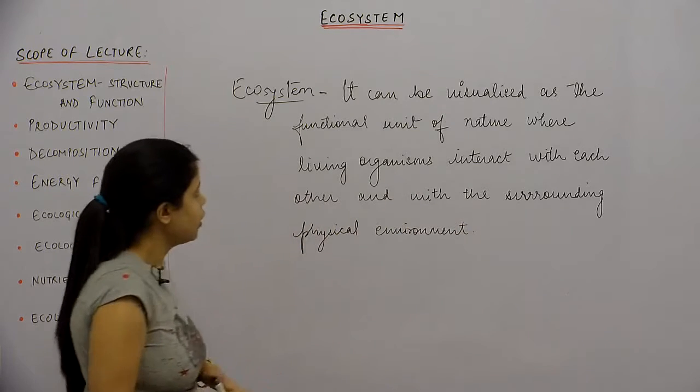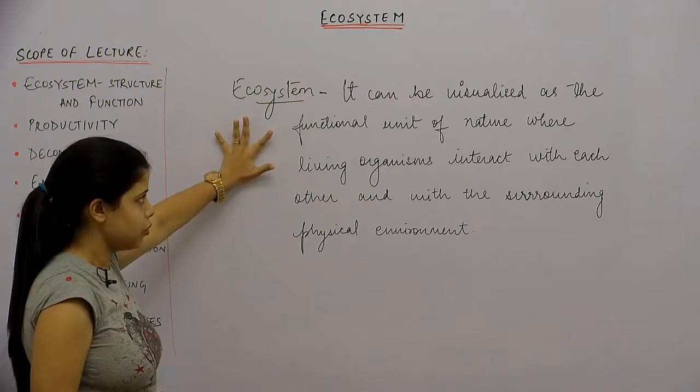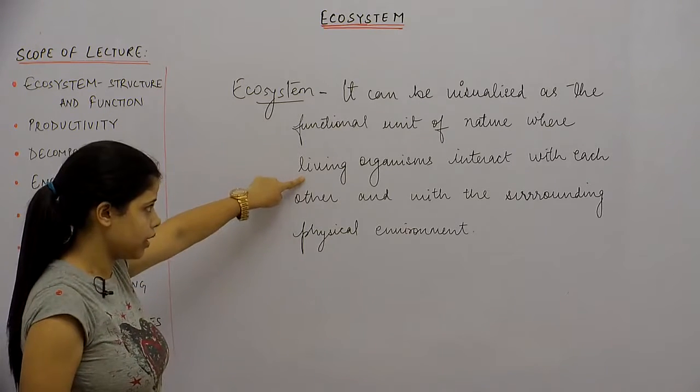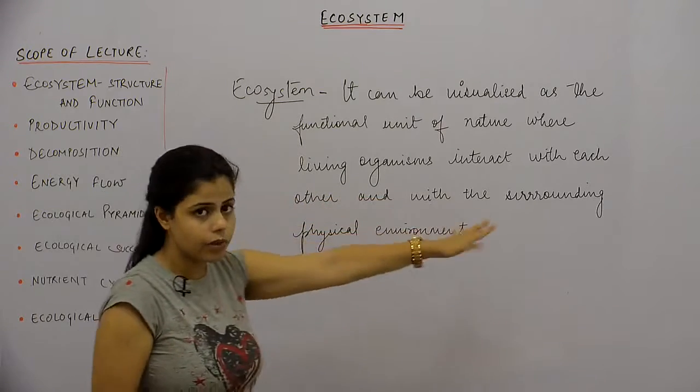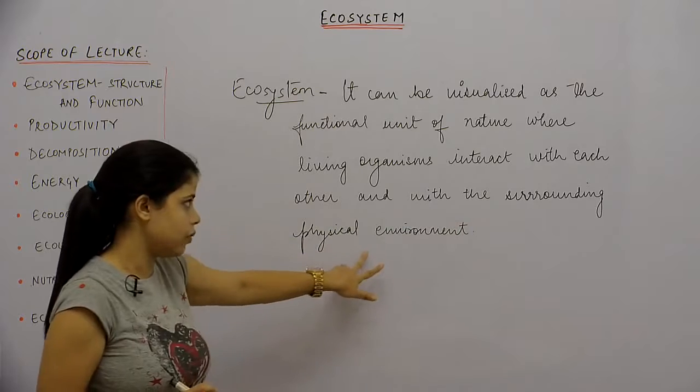Okay, so if we get to define ecosystem, we would say that it can be visualized as the functional unit of nature where living organisms interact with each other and with the surrounding physical environment.